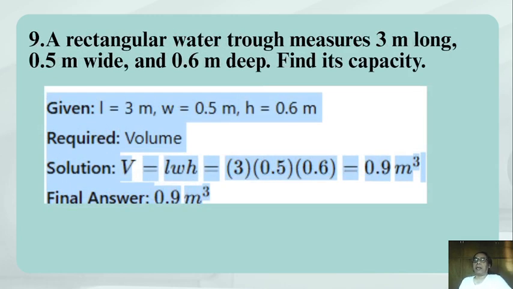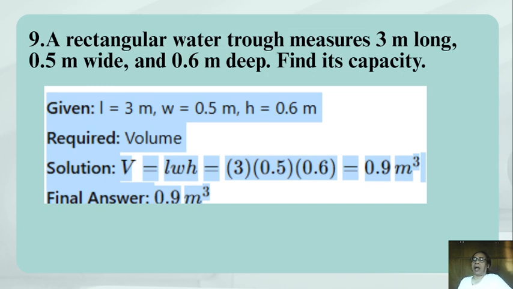Number 9. A rectangular water trough measures 3 meters long, 0.5 meter wide, and 0.6 meter deep. Find its capacity. So we are given L 3 meters, W 0.5 meter, H 0.6 meter.